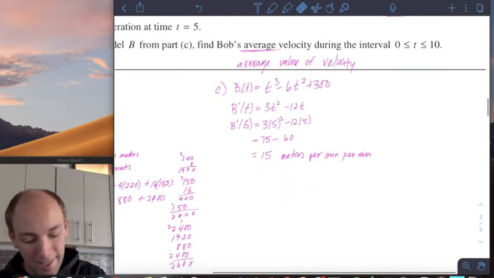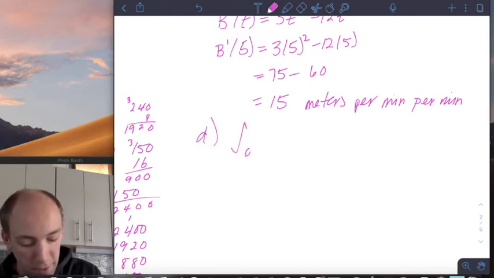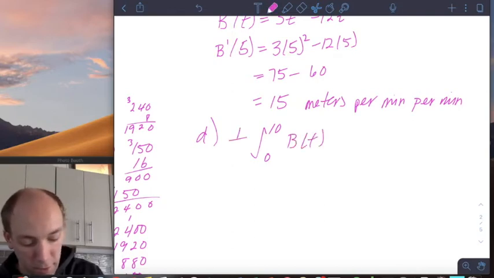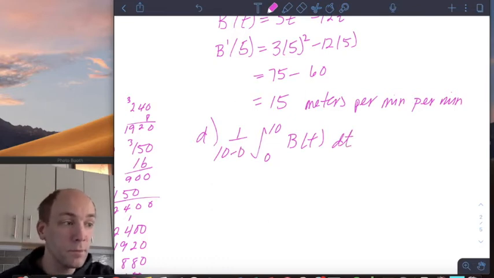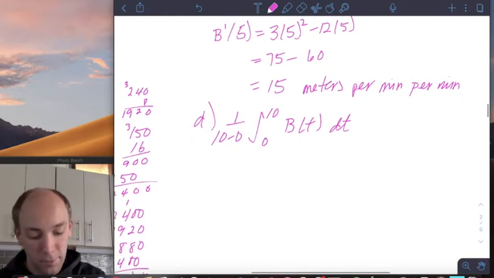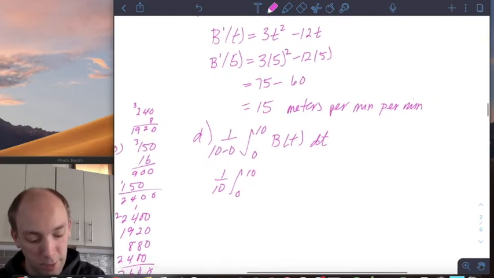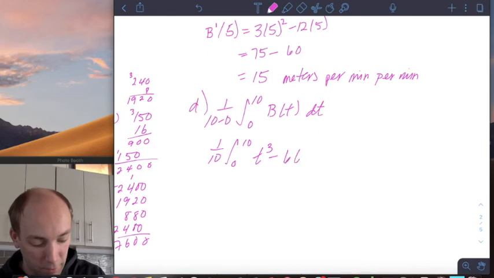On part D, average value is the integral from 0 to 10 of b of t divided by the interval. So integral over interval is average value. Let's go ahead and plug in the function, t cubed minus 6t squared plus 300.